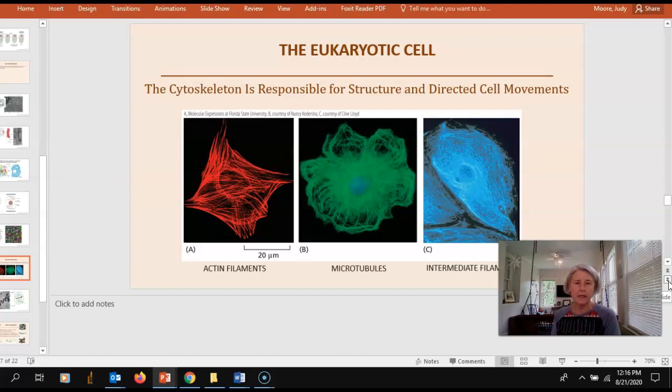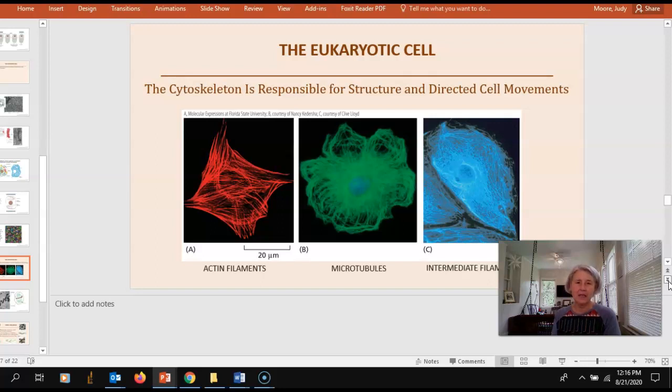These consist of different types of structural proteins that are organized in specific ways and attached to membranes or other components of the cell in order to give it structure, to form things like microvilli, and to direct cell movements, whether it's the whole cell migrating from one place to another, or the movement of materials within the cell, or adhering an organelle in a specific location.